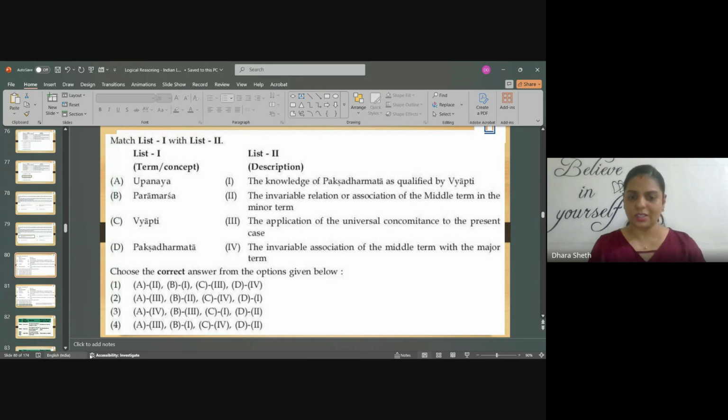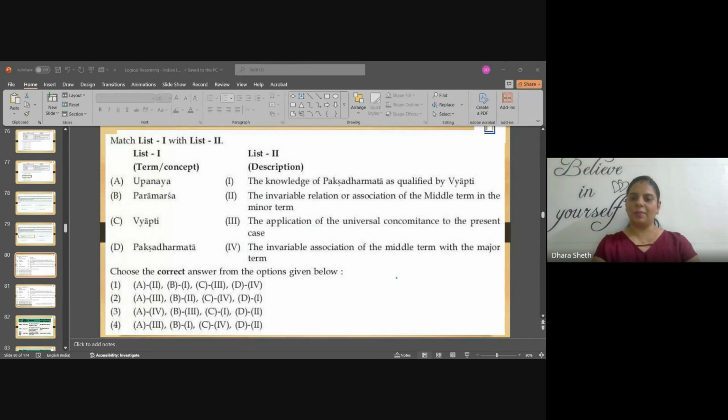Yeah. This was a question that we can now solve after learning Vyapti and Paksh-dharma. Upanay, Paramarsh, Vyapti, and Paksh-dharmat. At least you know 3 out of this, right? So match them.